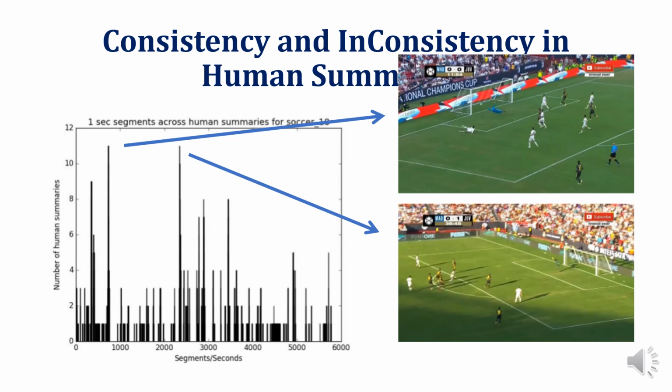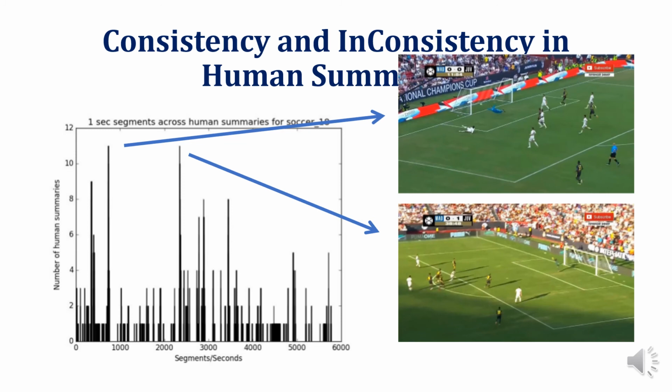So again, highlighting the issue of consistency in human summaries, we'll find that getting a number of human summaries which agree on a particular segment is very difficult. While this is attested by previous work, we also found this.